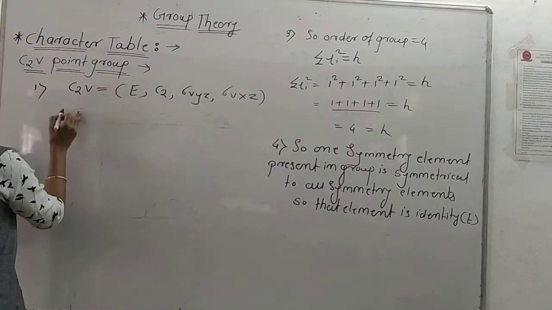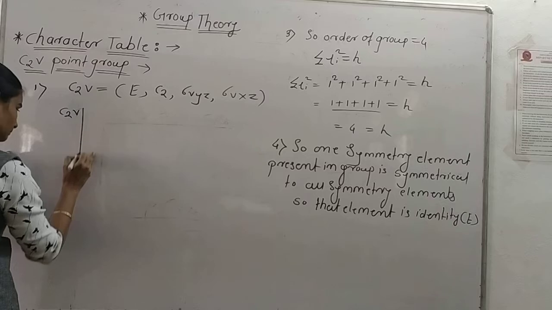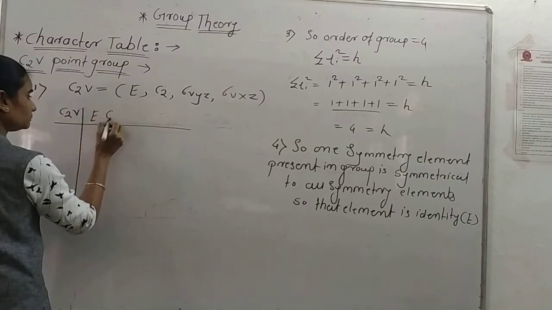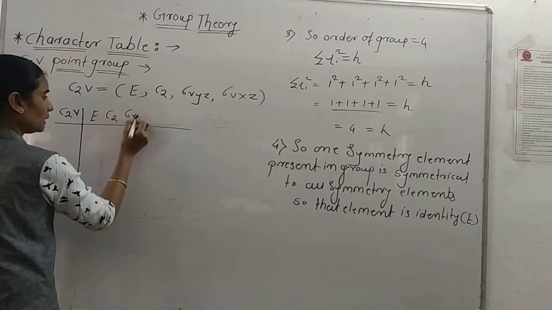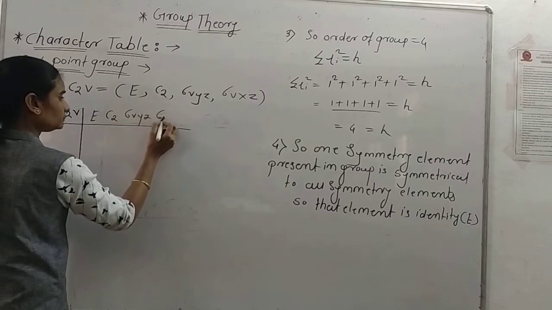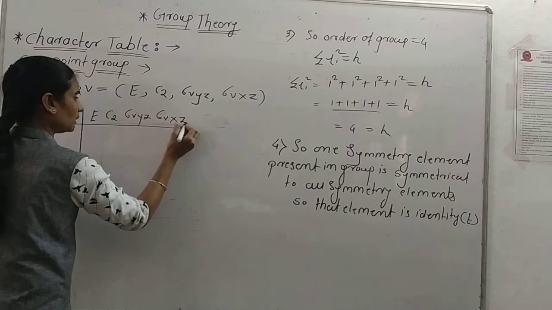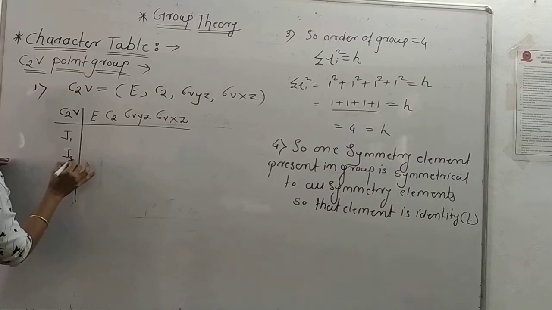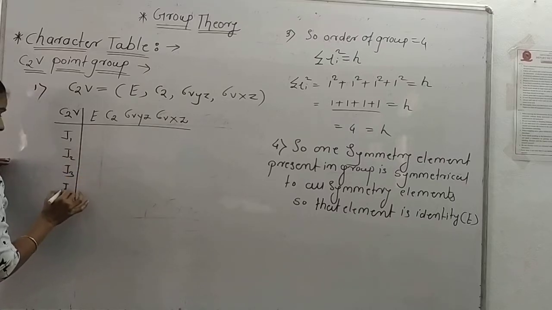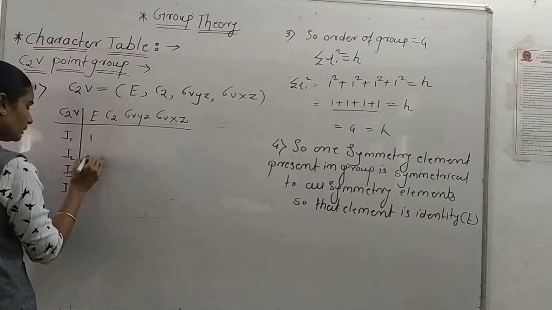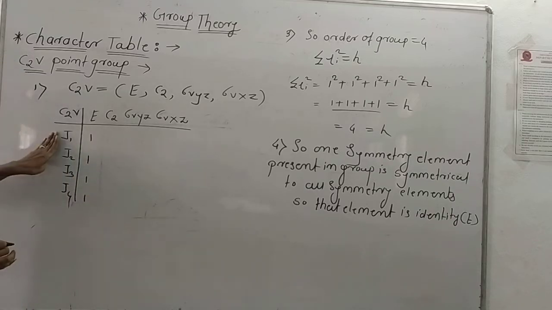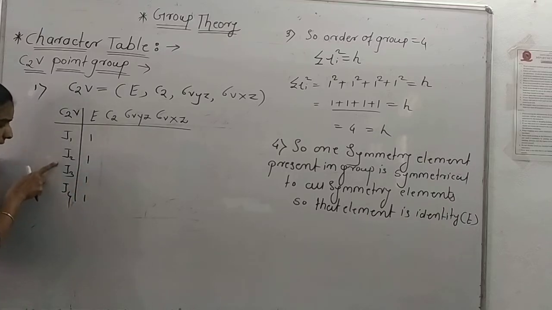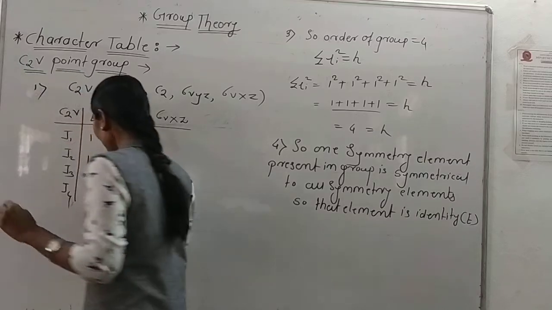So we write it as identity, C2, sigma v yz, sigma v xz, with irreducible representations J1, J2, J3, J4. 1 1 1 1 means all these irreducible representations are one dimensional.